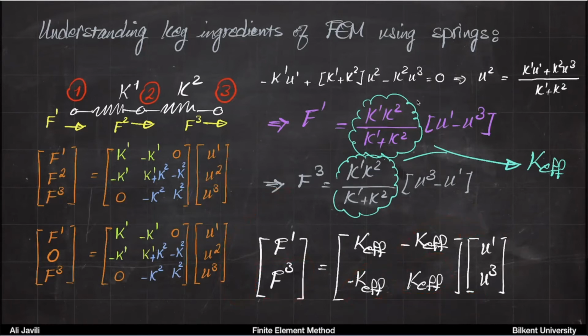Okay, so you can see now if you have a combination of springs in series, and that, again, means that F2 must be 0, otherwise they are not exactly in series. But if you impose that condition, you can again get to the same system. And then if you remember, this system has these nice properties.